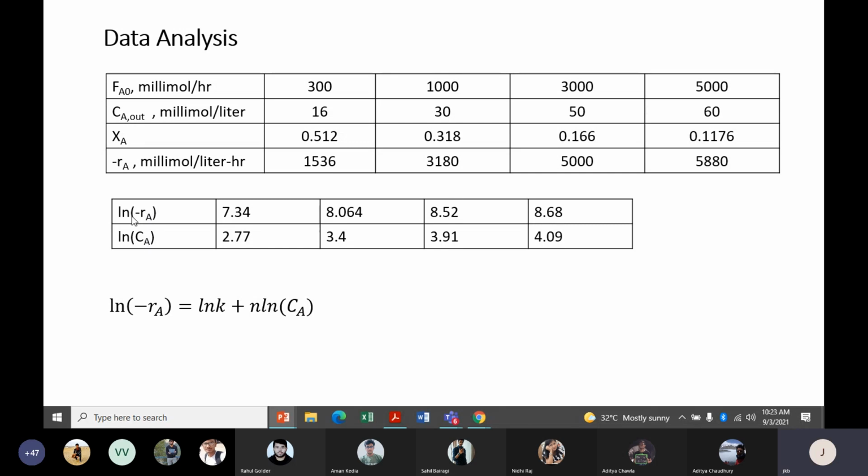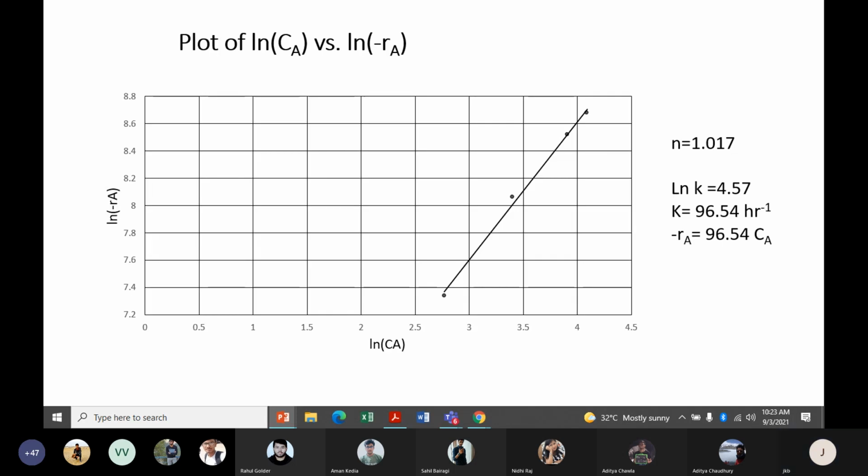Either you can plot directly in a log graph sheet, or you take log base e and find out the slope and intercept. And it is fitted in Excel, and we observe log k is equal to 4.57 and order n is equal to 1.017. So it is similar to first order reaction if you neglect 0.017. First order kinetics with rate constant 4.57.